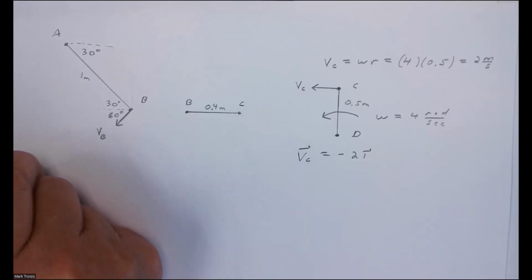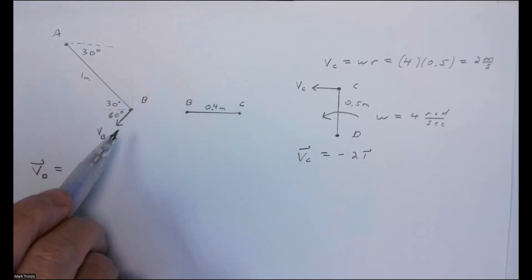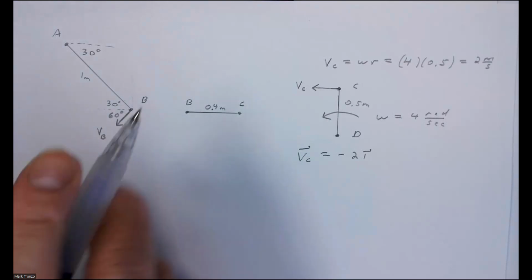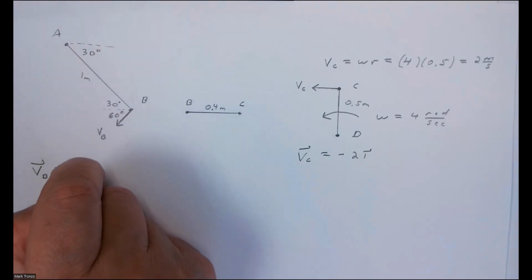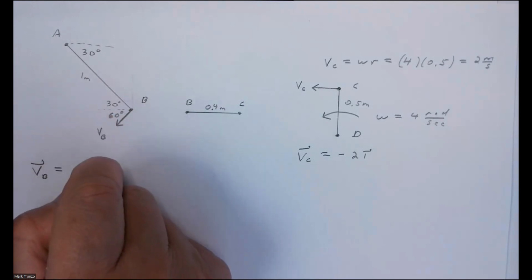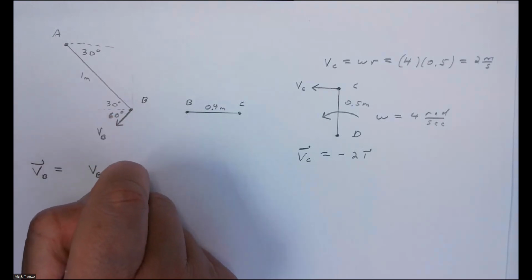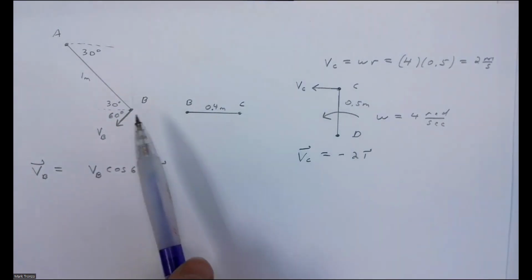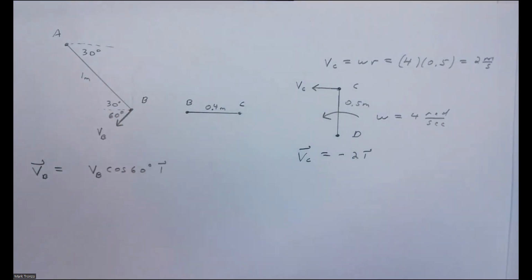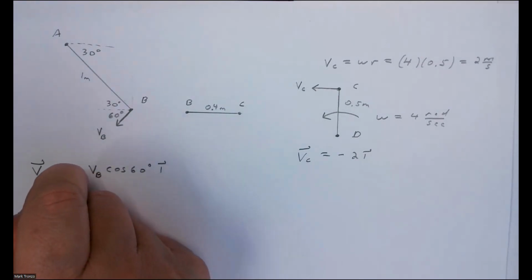If B is directed this way, then the x component is going to be VB cosine 60 i, and you can see it's directed in the negative x direction. So we can put a negative in front.